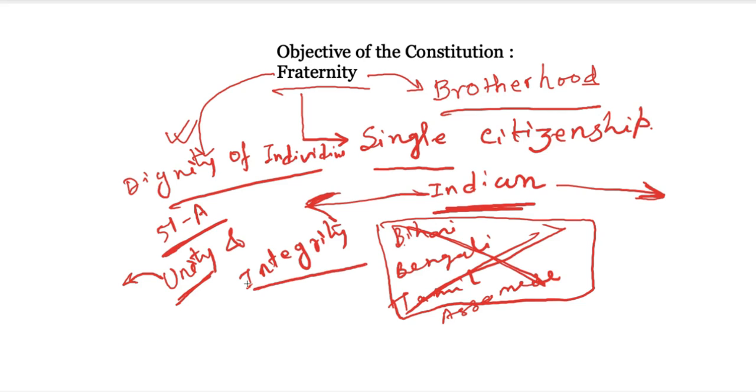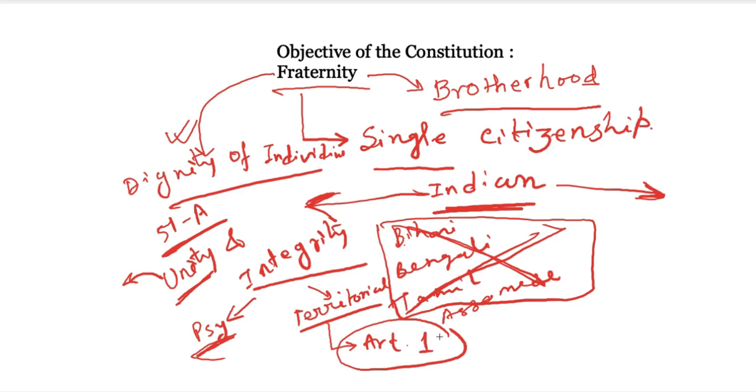Integrity is both psychological integrity and territorial integrity. Psychological is that we are an integral whole, that we are all Indians. Territorial integrity comes in Article 1, the very first article.